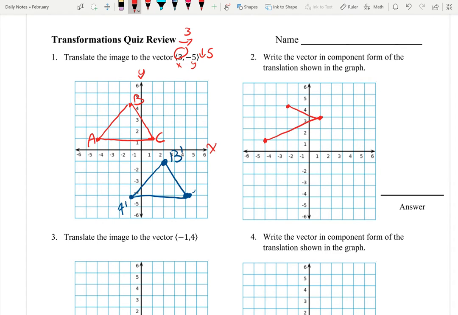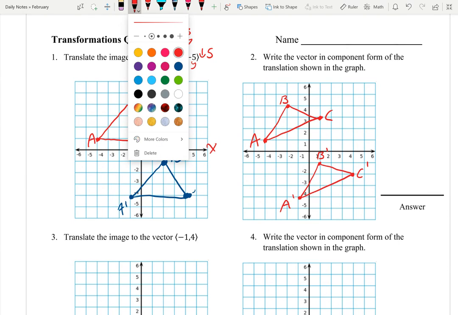This is our pre-image because it's A, B, and C. And then our image is -1, -4, 1, -1, and 4, -2. So this is our image, which is A prime, B prime, and C prime.